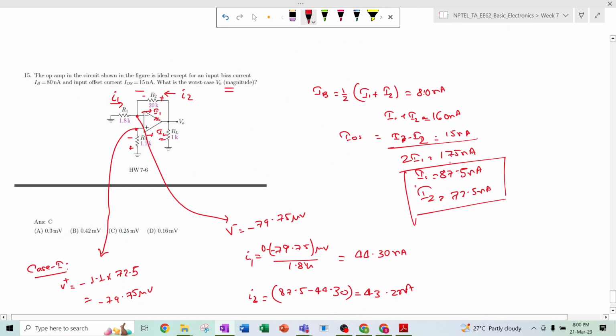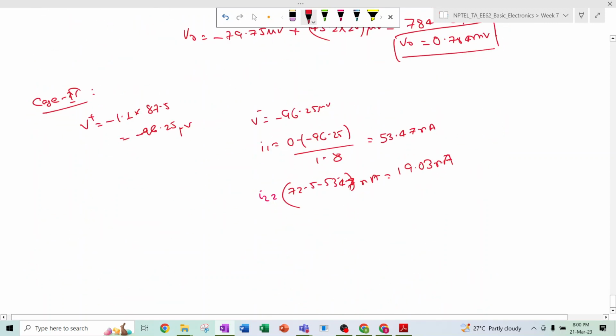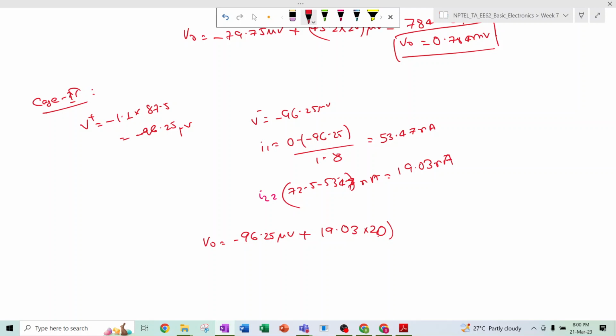Now this current will flow through this resistance R2. So V0 will be minus 96.25 microvolt plus this 19.03 nanoampere flowing through 20 kilo ohm. So minus 96.25 plus 19.03 into 20, that will be 284.35 microvolt. That means 0.284 millivolt.